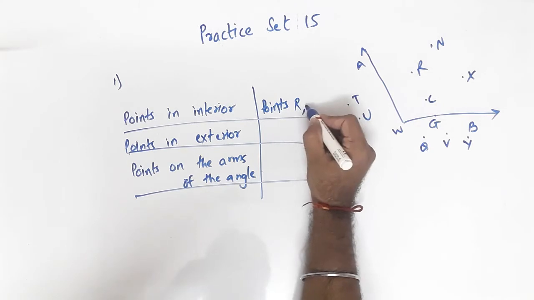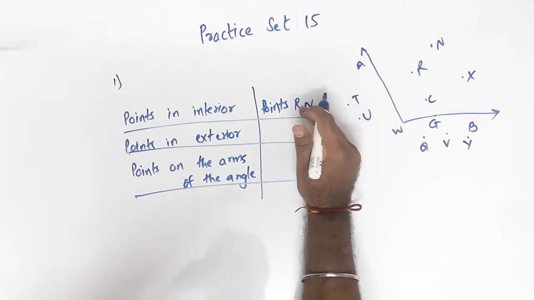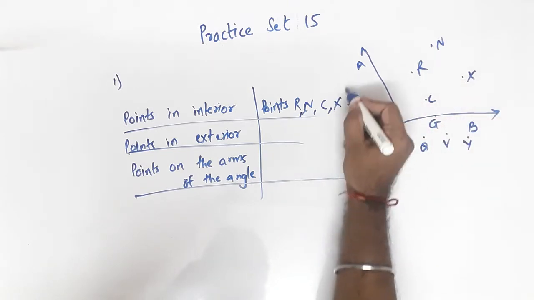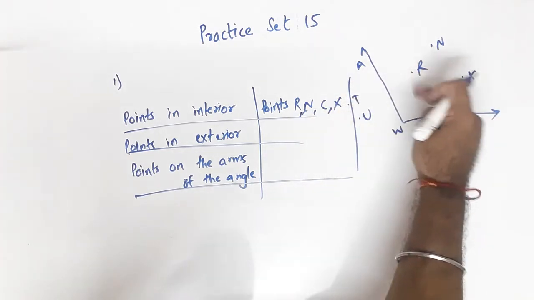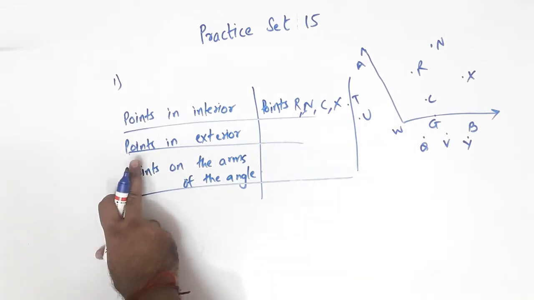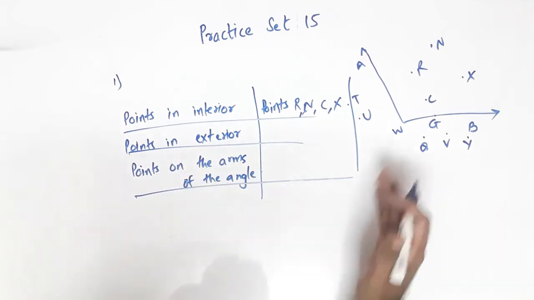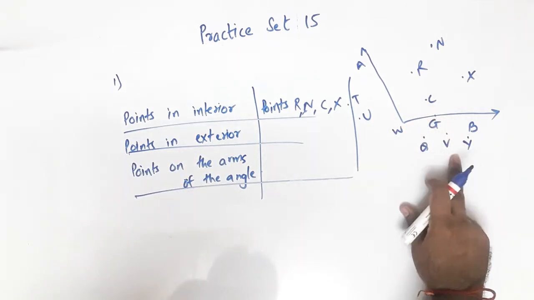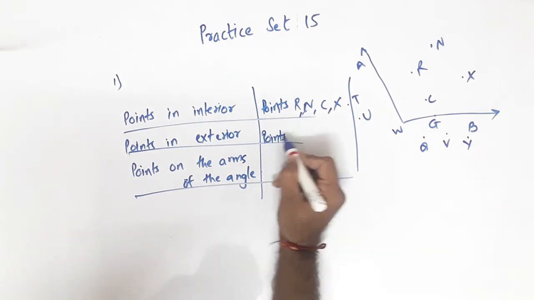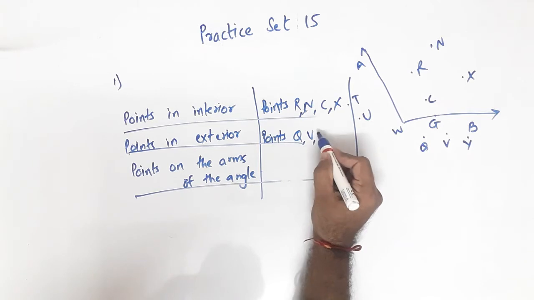Points R, N, C and X. Okay, R, C, N and X. These are the points in the interior. Now they have asked points in the exterior. Exterior means you can see this Q, V, Y. They are in the exterior.